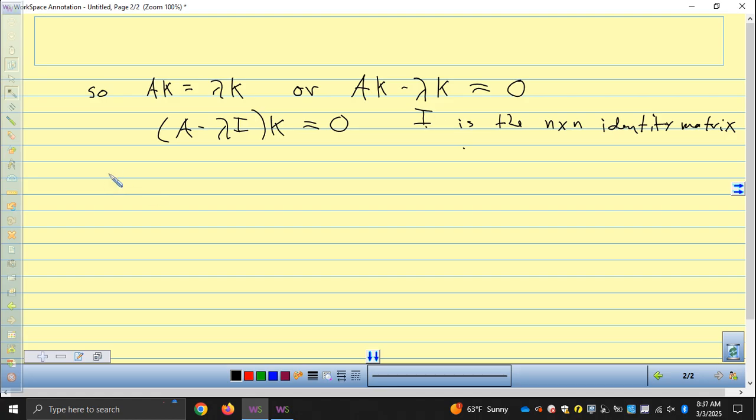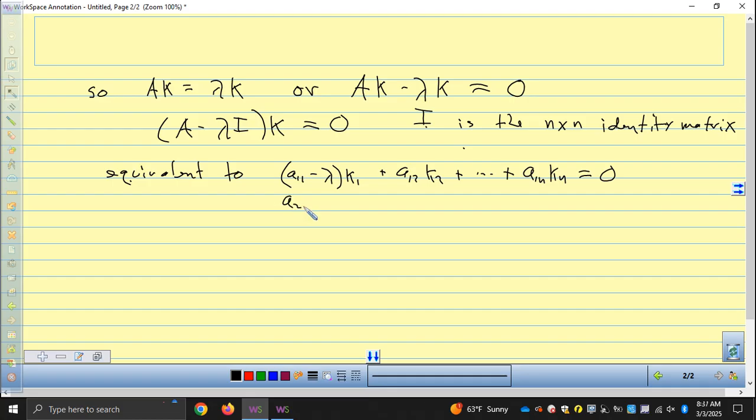And this is equivalent to just a set system of equations. We have A11 minus lambda times K1 plus A12 K2 plus dot dot dot plus A1n Kn equals 0.